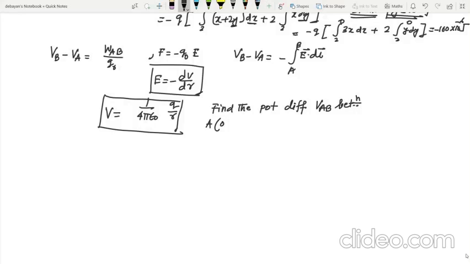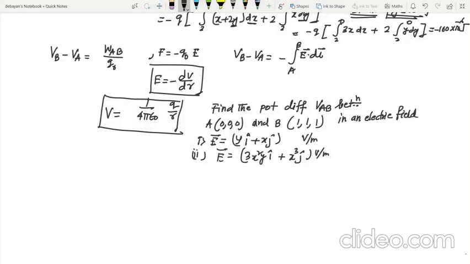Say the electric field is given as E equals 3x square y i cap plus x cube j cap volt per meter. So now you have to find the potential difference.